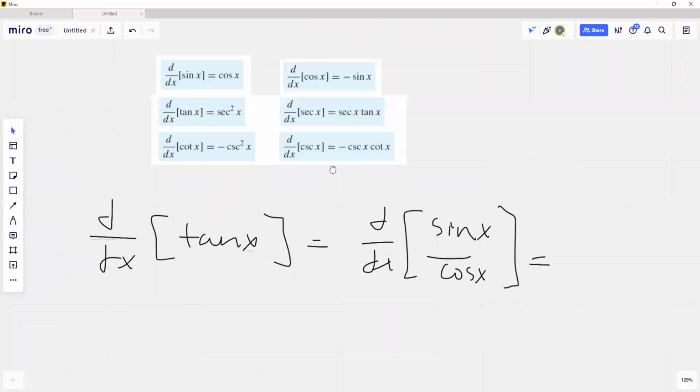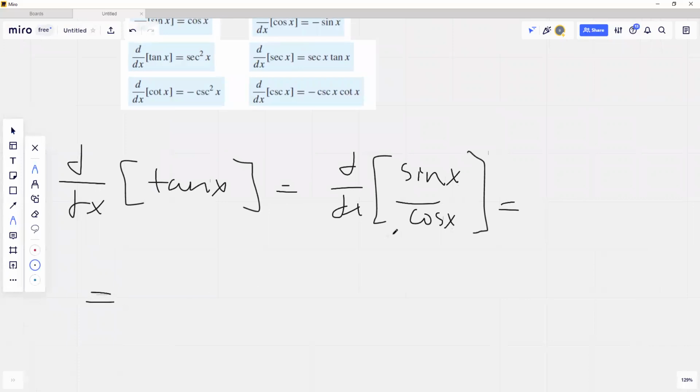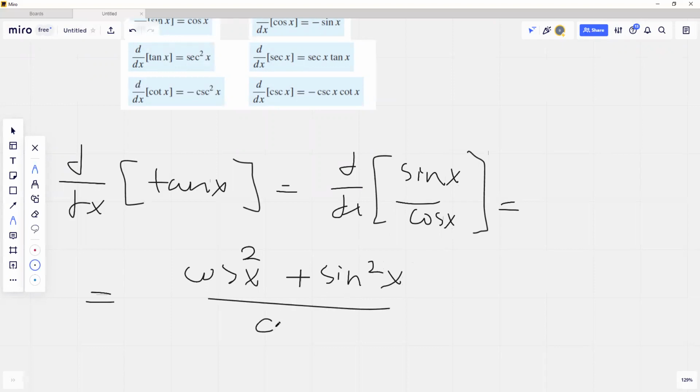And using the quotient rule from the previous lecture, this is equal to: derivative of sine of x, which is cosine of x, multiplied by cosine of x, minus sine of x multiplied by the derivative of cosine of x, which is minus sine of x. So we'll have plus sine of x multiplied by sine of x. So this is sine squared of x plus cosine squared of x, divided by the denominator squared, which is cosine squared of x. So this is 1 over cosine squared of x.